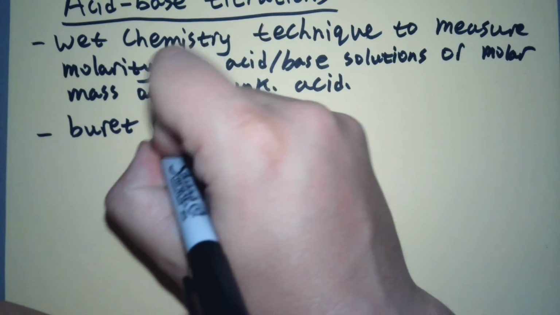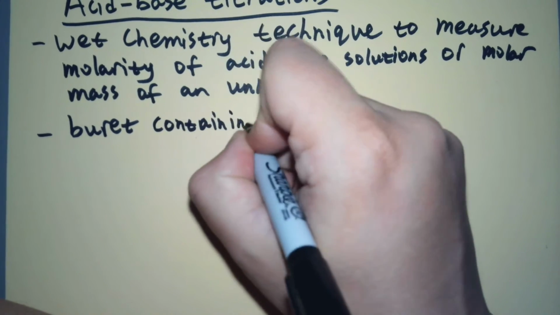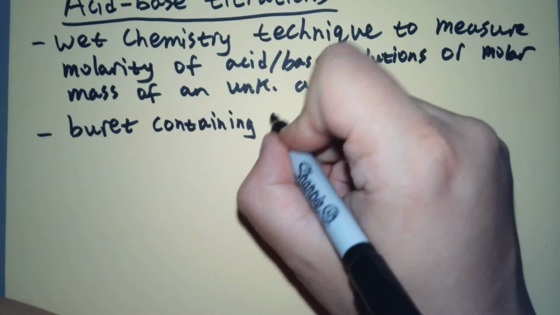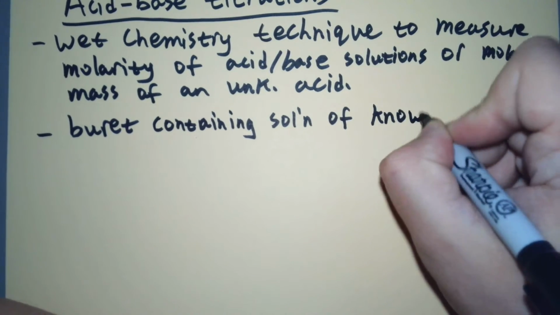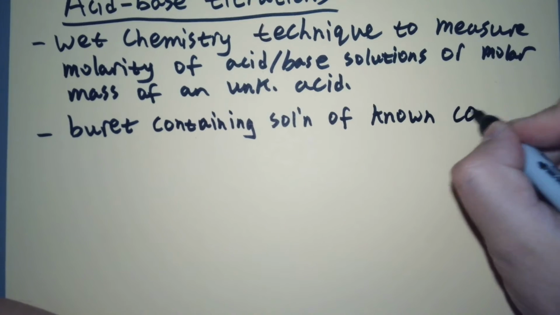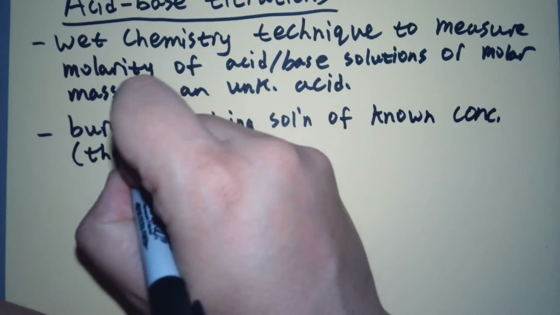So, our burette will be containing a solution of known concentration, and this is known as the titrant.